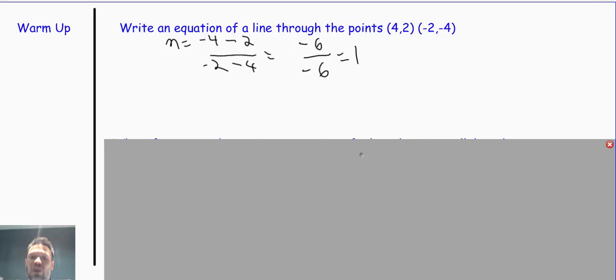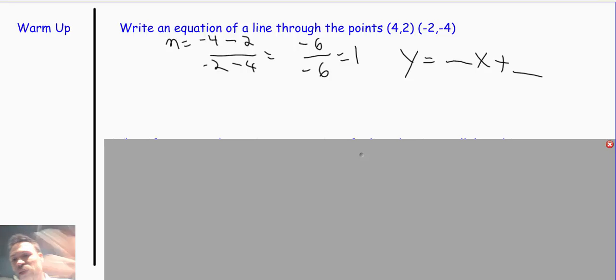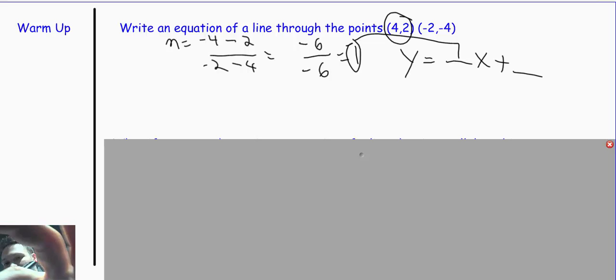Now what will we do from here? If we know our slope, remember our equation is y is equal to blank x plus blank. And if we're going to use that, that means we can then insert our slope in here. So our slope here is 1. And we also get a point. So our next step would be to substitute in 2 for y and 1 for our slope and the 4 for the x value that we pick.